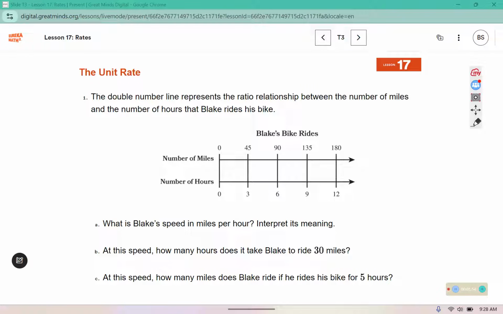This double number line represents the ratio relationship between the number of miles and the number of hours that Blake rides his bike. What is Blake's speed in miles per hour?